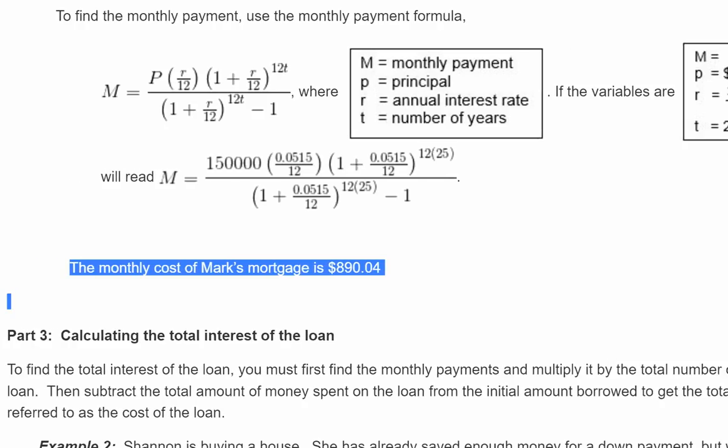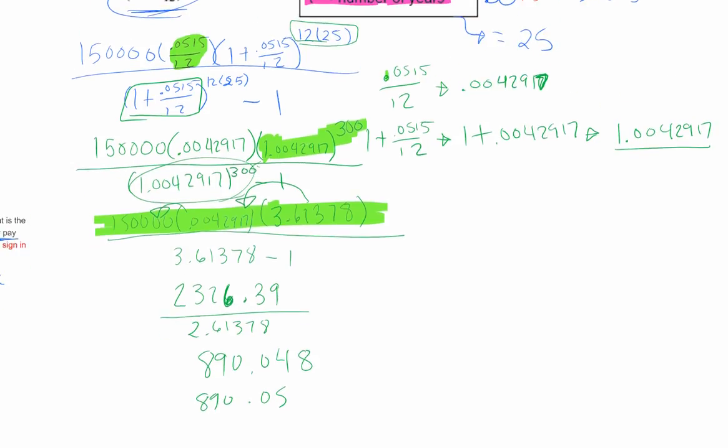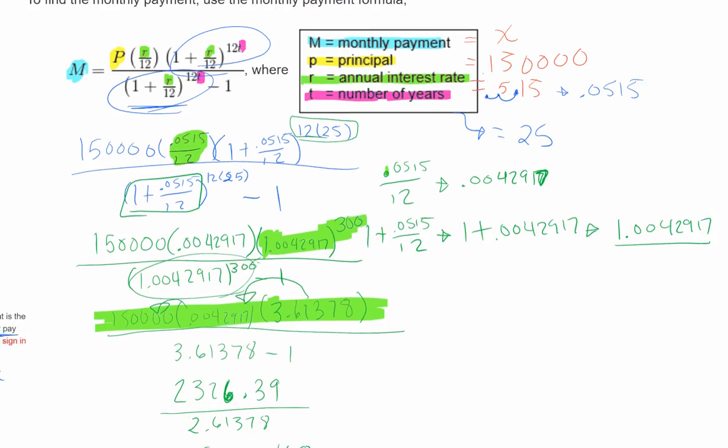So it is a process, and we just need to work through it. Break the formula down into as many parts as necessary. Okay, so we have 3 R over 12s. We have 2 12 to the T powers, or 12T powers. And we have 2 of these, so I really only have to find a few things before I can just plug everything into the formula.